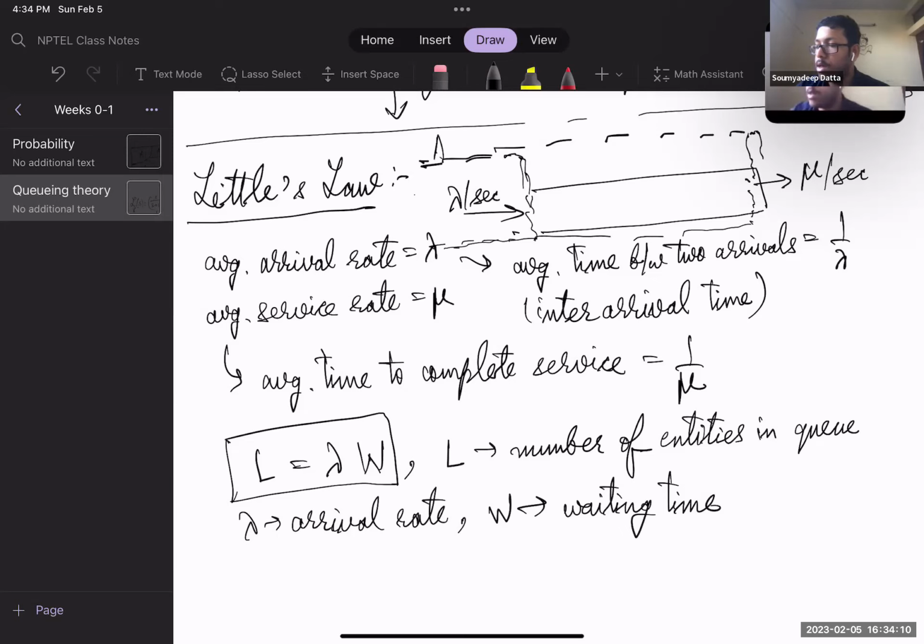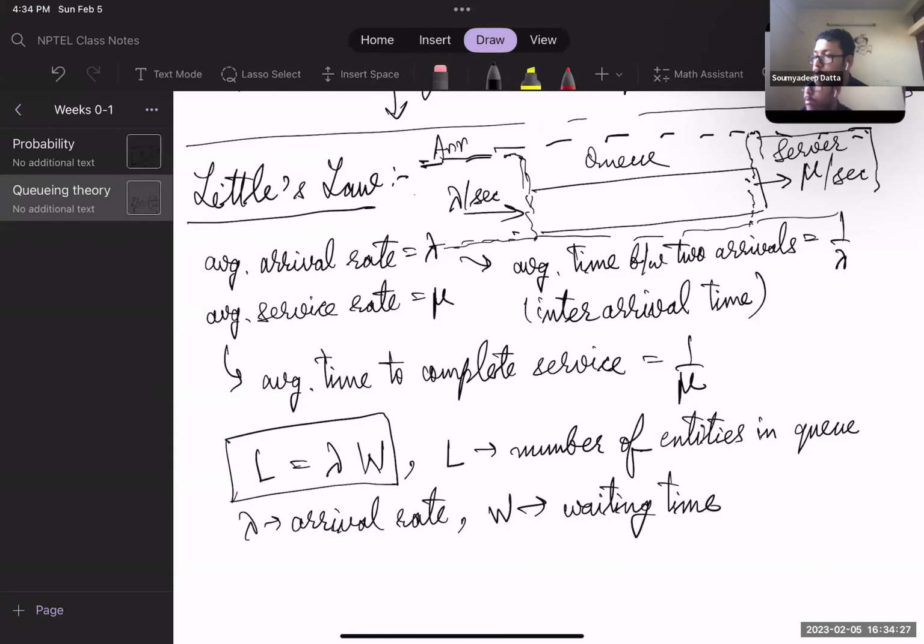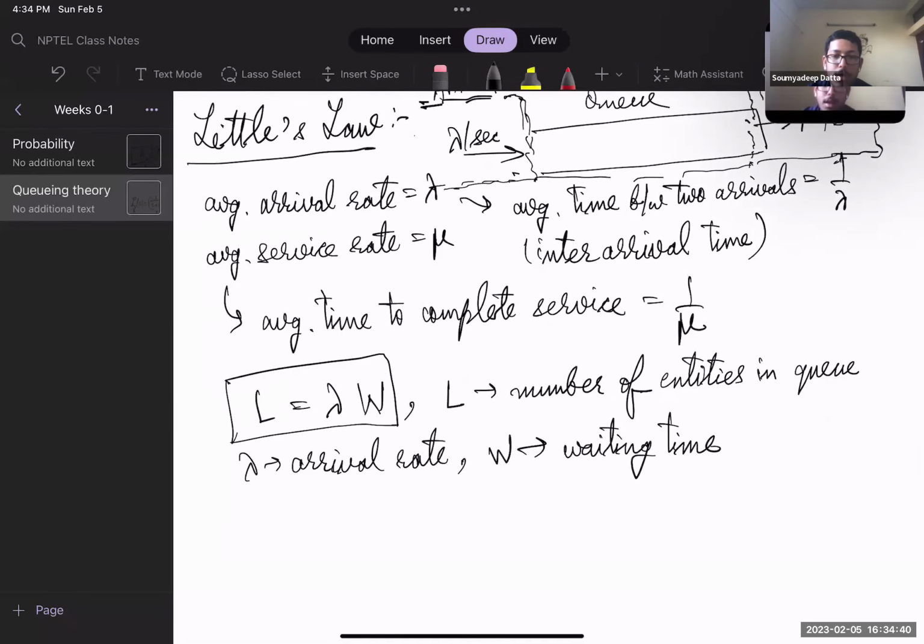You have arrival, queue, and server, right? So you can model the arrival plus queue together to figure out the average waiting time before I get a chance to be served. And then you can also figure out the average time before your service is complete. Or you can treat each of these blocks independently and solve.